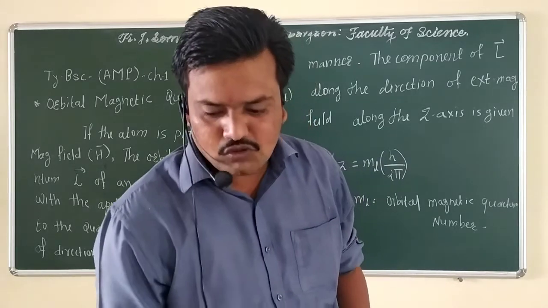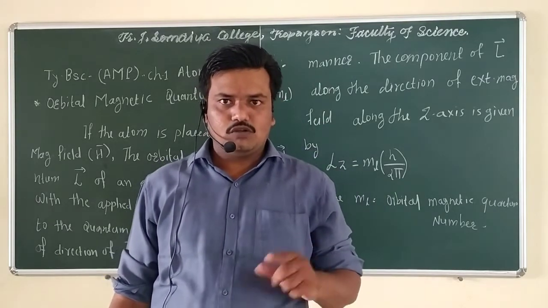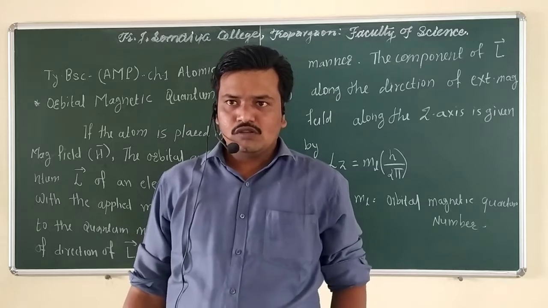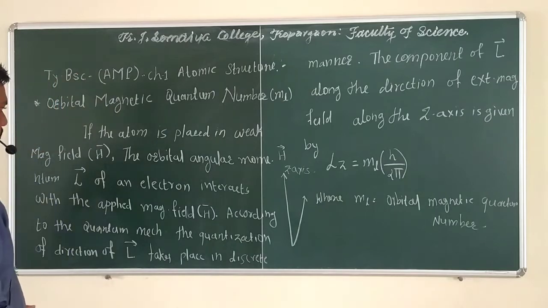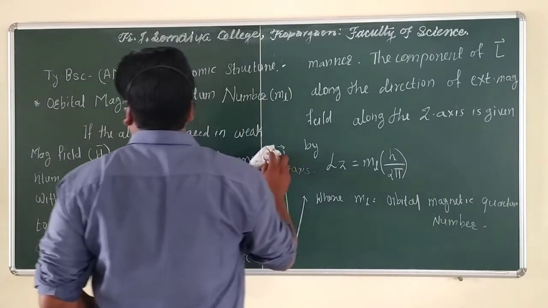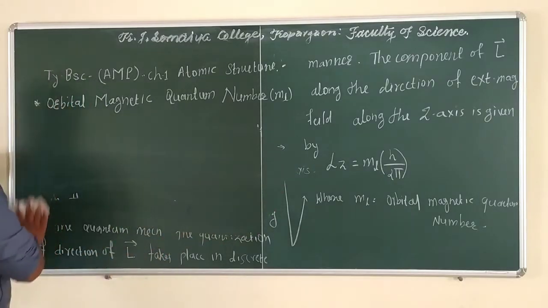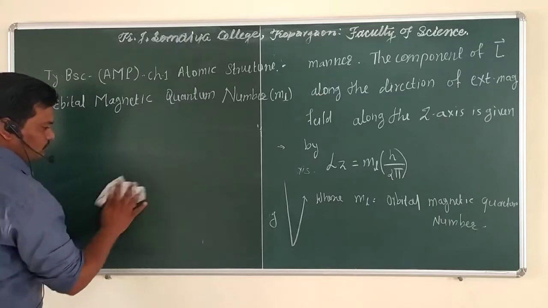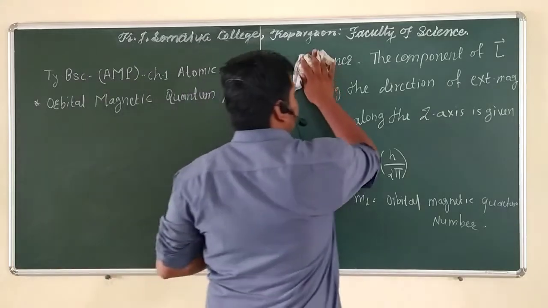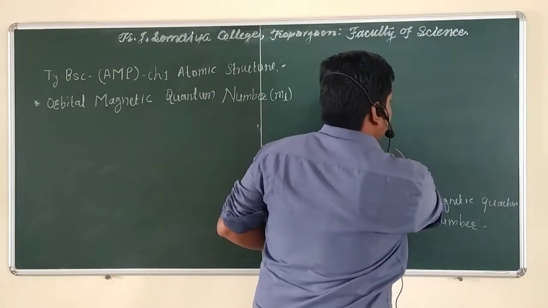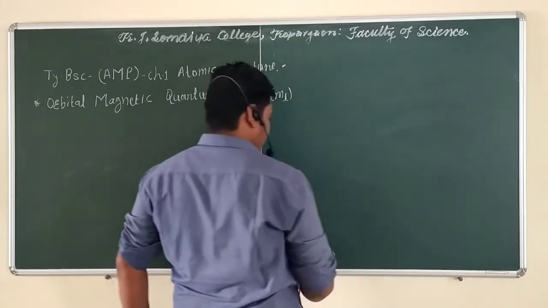Here ml is the orbital magnetic quantum number. So what is the value of the orbital magnetic quantum number? Suppose the value of n runs over the natural numbers 1, 2, 3 up to infinity, and the orbital quantum number l is given by 0 to n minus 1.